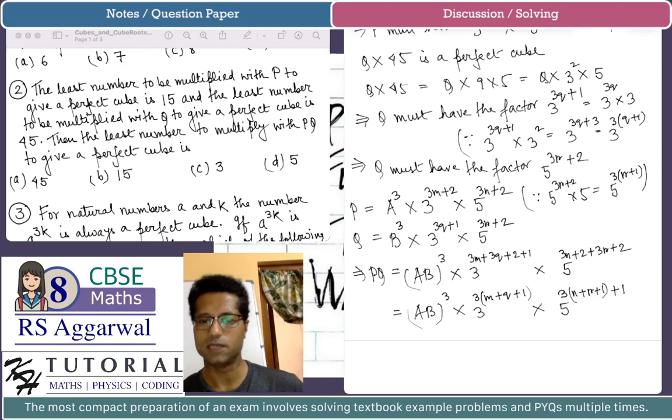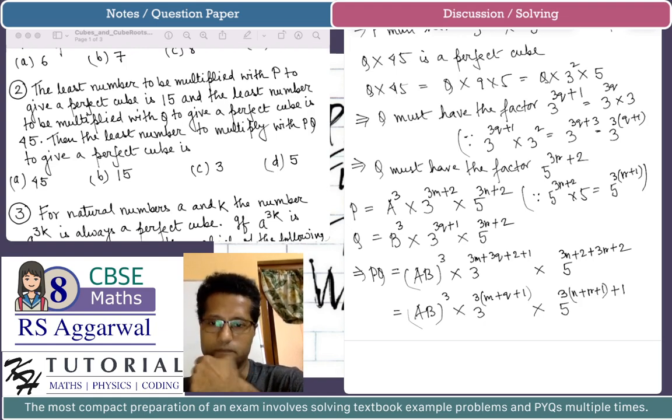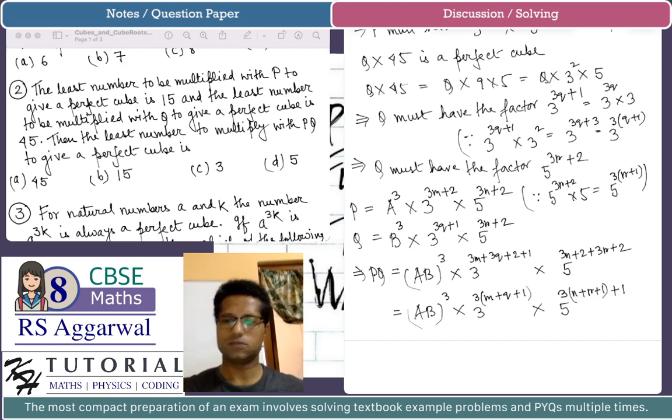Now AB will also be a natural number, it will form triplets, and the power of 3 will be 3m plus 3q plus 2 plus 1, which is 3 into m plus q plus 1, and the power of 5 will be 3n plus 2 plus 3r plus 2.